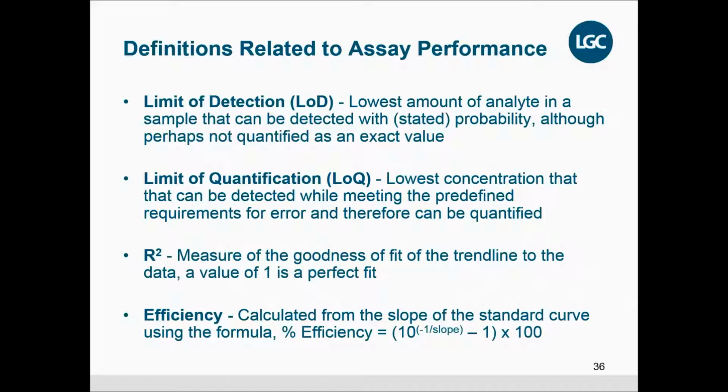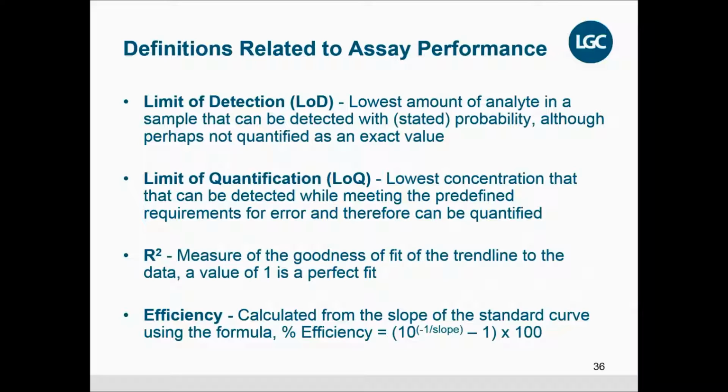Whereas the limit of quantification is the concentration that can be detected while meeting the defined requirements for error and therefore can be quantified. A standard method is to use a 35% coefficient of variation. So we're looking across our dilution series in our standard curve at what concentration we exceed that 35% CV mark. And the concentration prior to that becomes your limit of quantification.